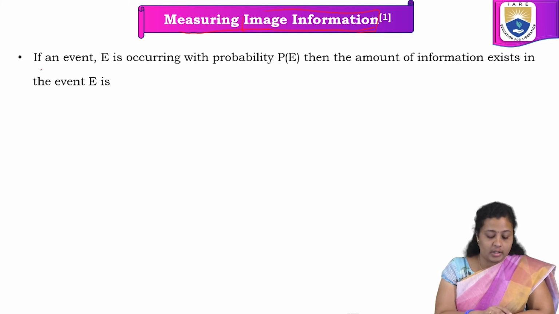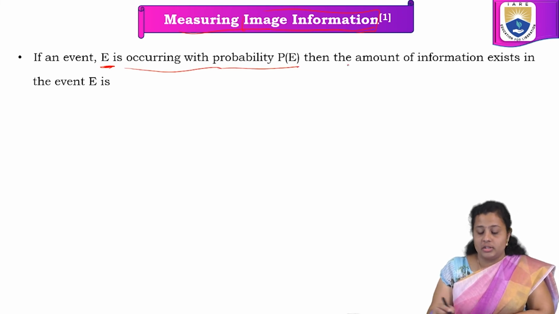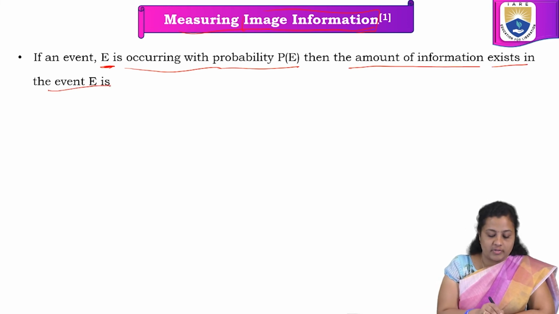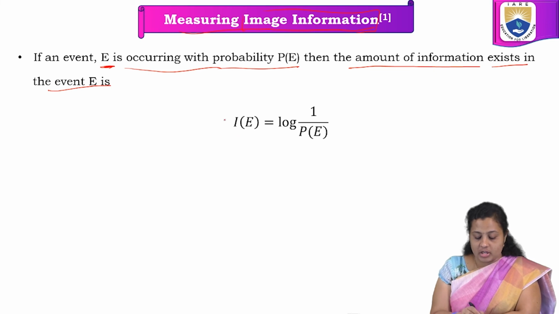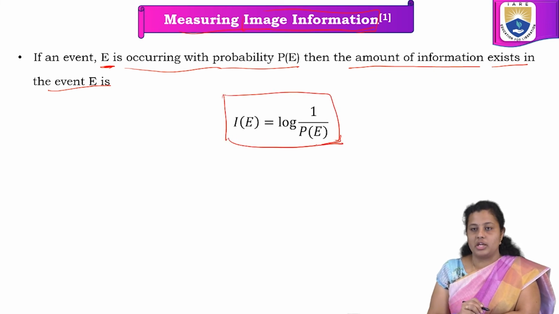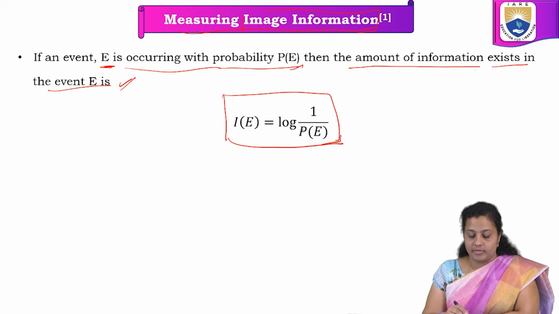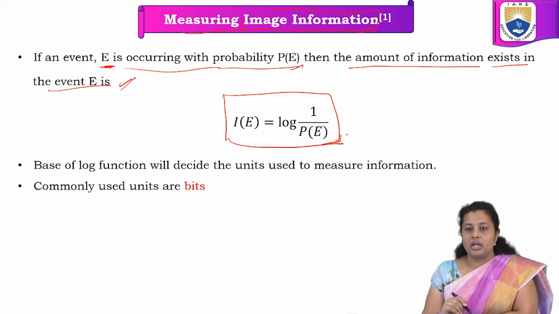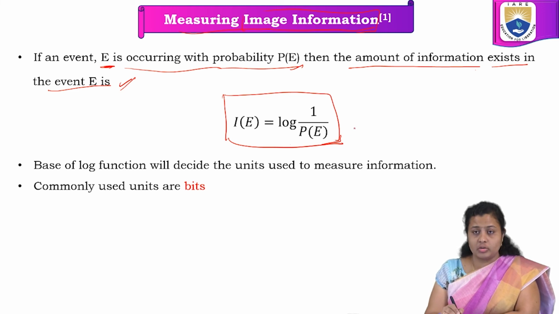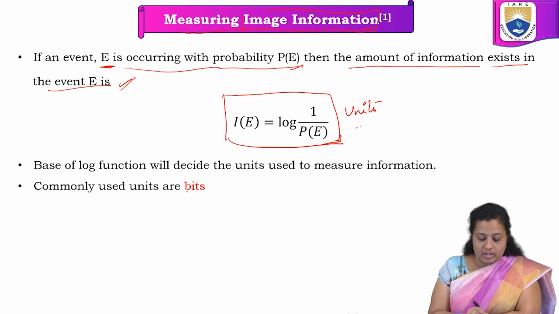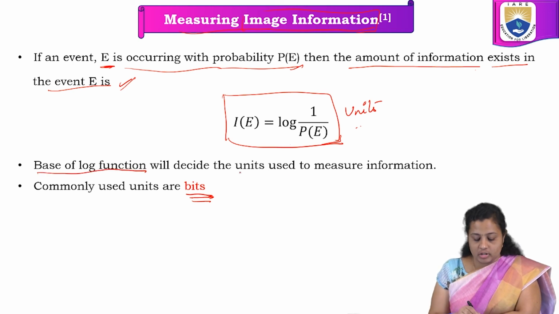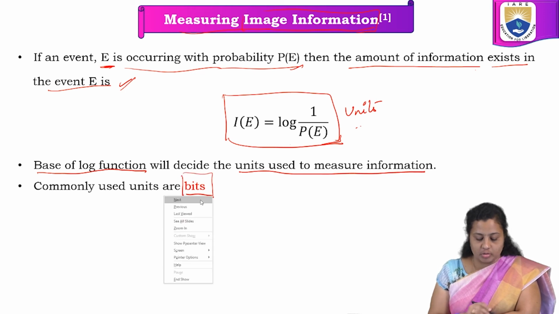Let me consider this: if an event E is occurring with the probability P of E, then the amount of information that exists in the event E is given by I of E is equal to log of 1 by probability of E. The units used are usually bits, otherwise the units are decided by the base of the log function. The most common unit is the bit.